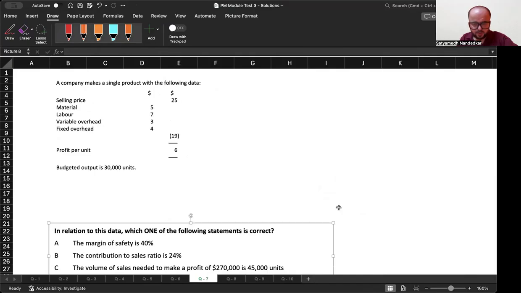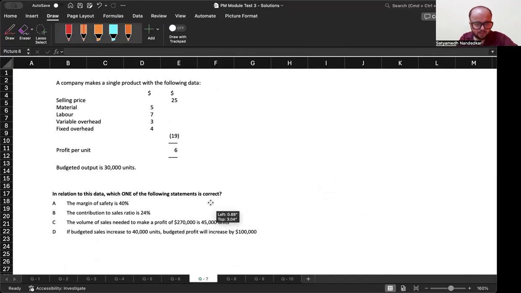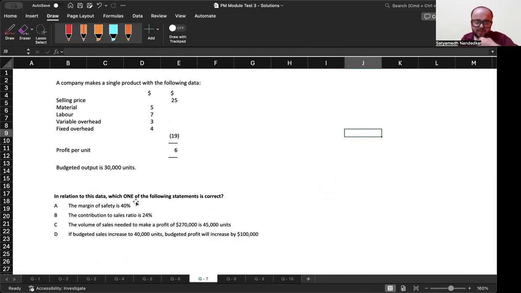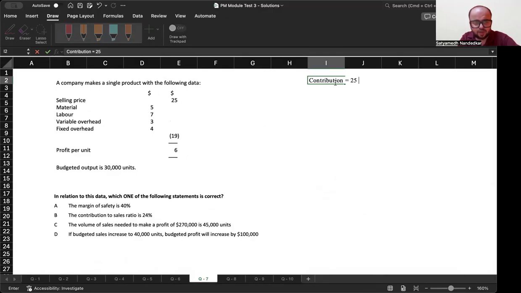Let's look at this question now. In relation to this data, which one of the following statements is correct? The margin of safety is 40, contribution to sales ratio is 24. Let's see, the easiest thing is CS ratio. So what is contribution here? Contribution is sales minus variable cost. 25 is selling price, 5 is material, 7 is labor, and 3 is variable overheads.